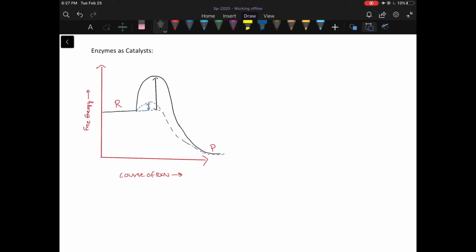These humps represent a transition state, and the energy that is required to overcome a transition state and go into the product is known as activation energy. So what enzymes do, their role, is to lower the activation energy. And if you lower the activation energy, the reaction will proceed faster.